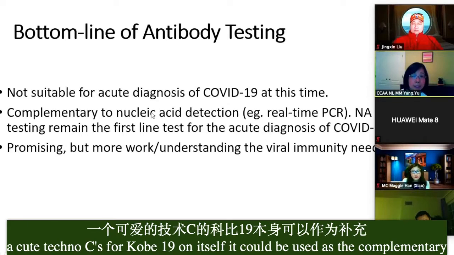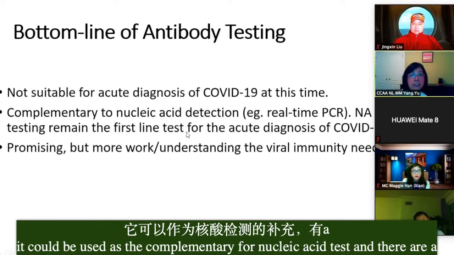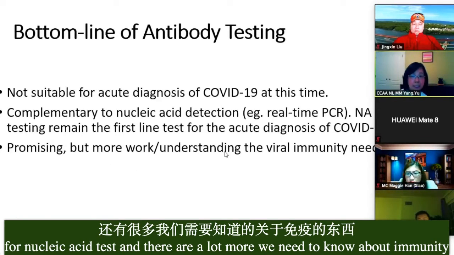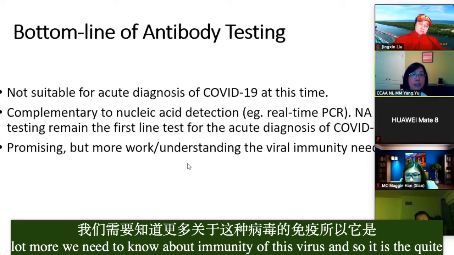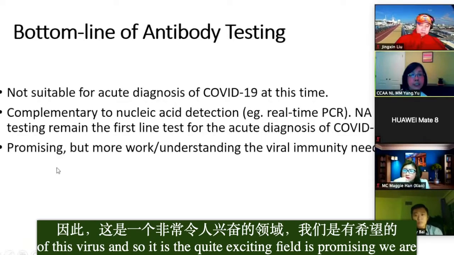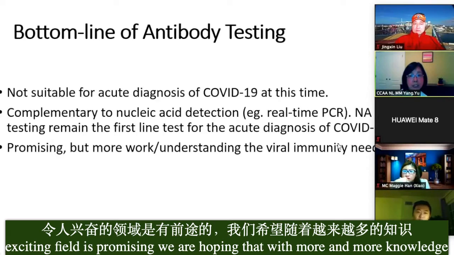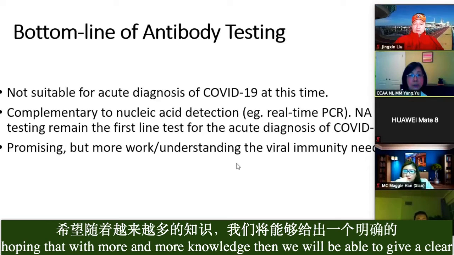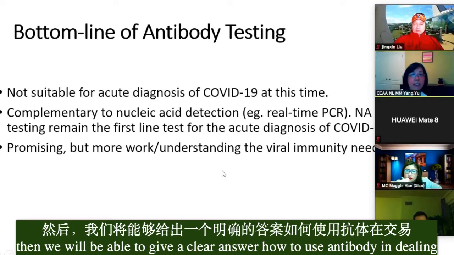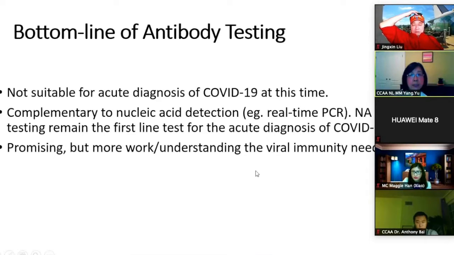It could be used as a complement to the nucleic acid test, and there is a lot more we need to know about immunity to this virus. It is a quite exciting and promising field. We are hoping that with more and more knowledge, we will be able to give a clear answer on how to use antibody in dealing with COVID-19 infection.